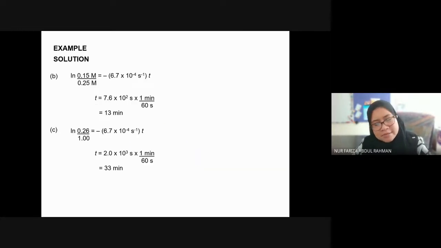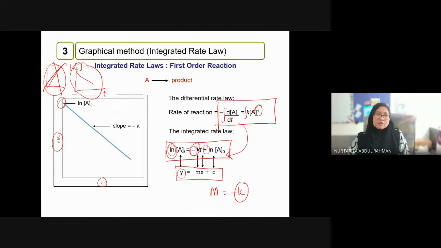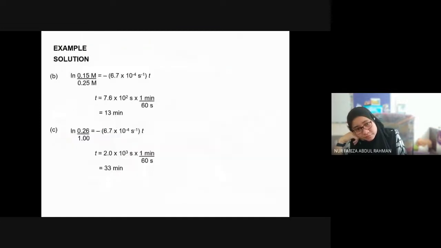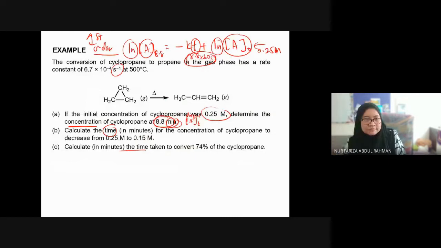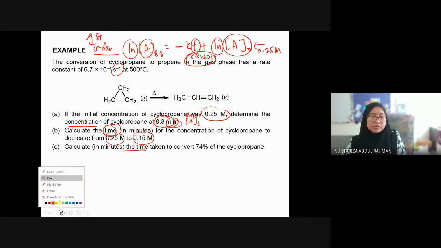Okay, what is question B? B. Calculate the time in minutes for the concentration of cyclopropane to decrease from 0.25 molar to 0.15 molar. Okay, alright. So it wants us to calculate the time, using the same formula.